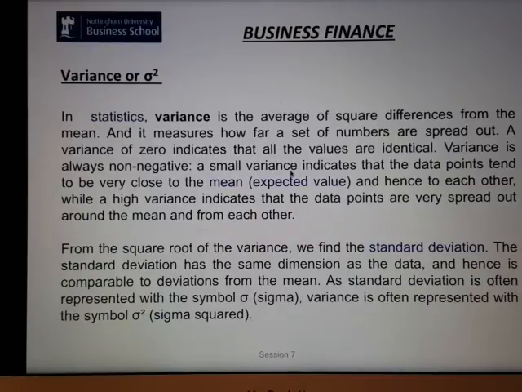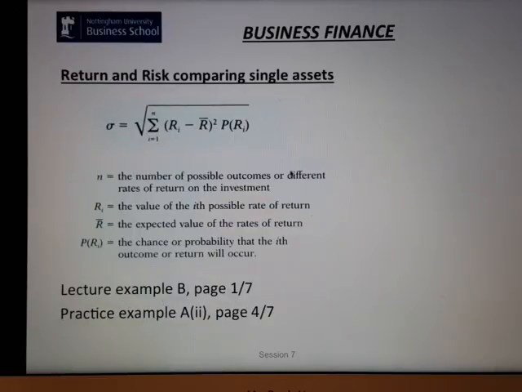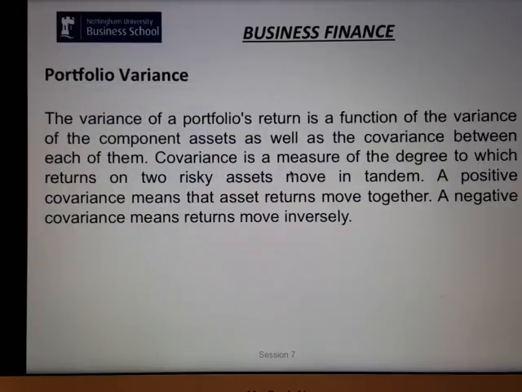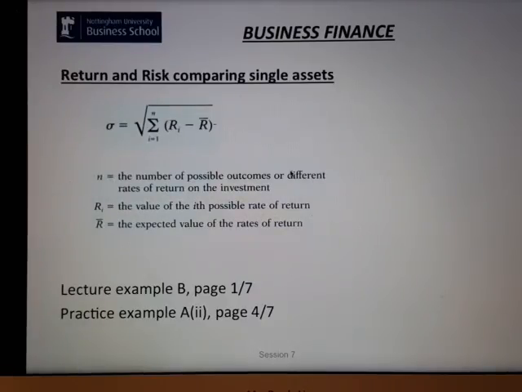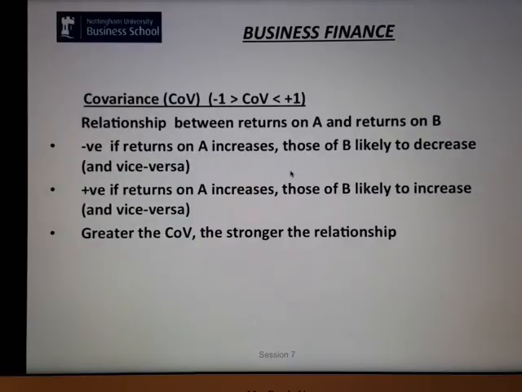More explanation here on the variance, and from variance you can get standard deviation. We have done all the calculation for this part. This is the formula, and portfolio variance has a different formula.